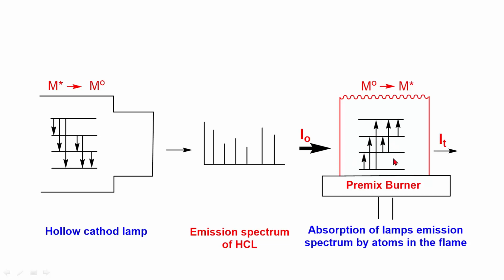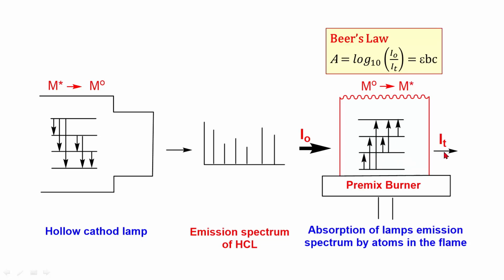A part of light is absorbed in the flame by the gaseous ground state atoms and rest of the light is transmitted. Absorbance is displayed, which is equal to log of I naught by IT is equal to epsilon BC. Epsilon is molar absorptivity, B is the path length, and C is concentration.